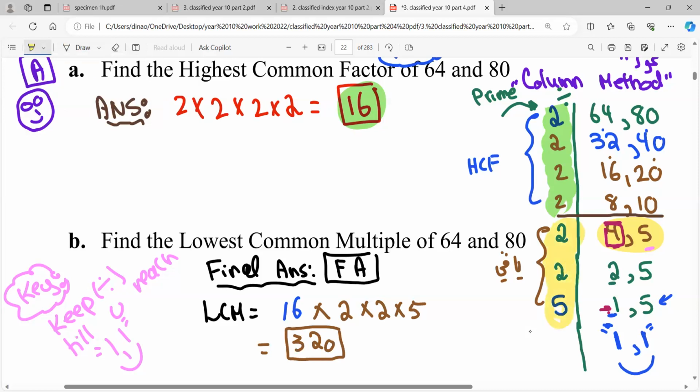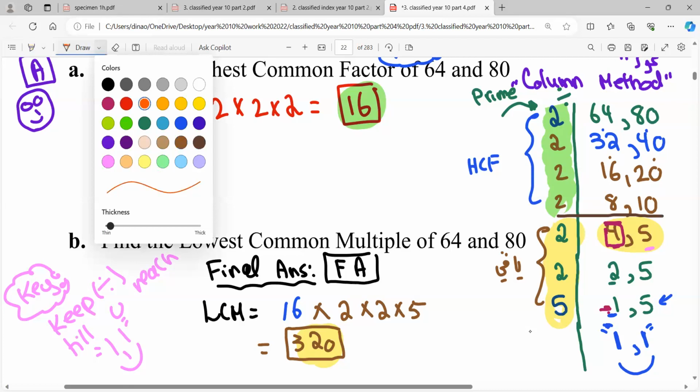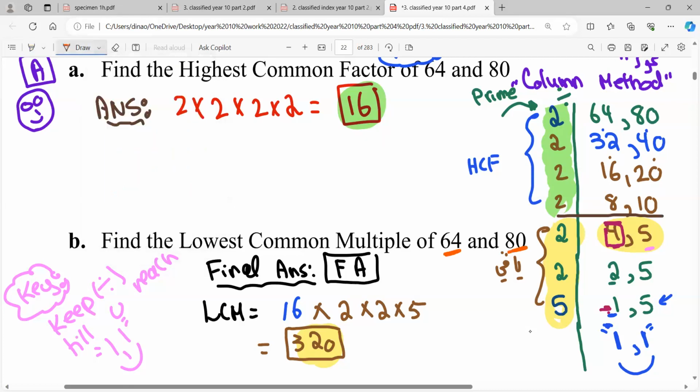أو بطريقة أبسط multiply كل الأرقام اللي على الشمال. تعالوا نفهم برضو إيه ال LCM ده. What is this 320? The 320 is the first number, or the first multiple, that will appear in both times tables, 64 and 80. يعني if I write times table 64 and I write times table 80, 320 دي أول multiple مشترك ما بينهم هما الاثنين.